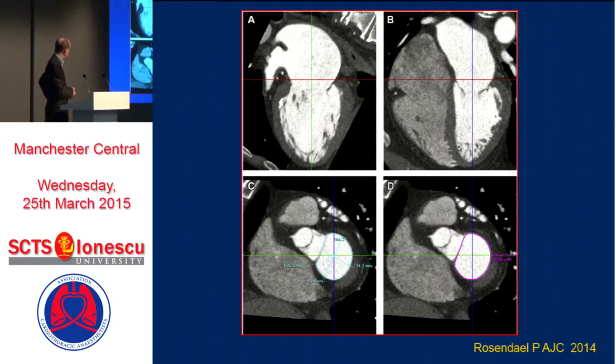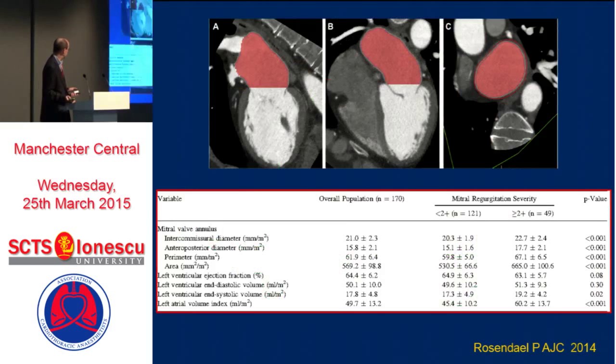And using CT as a tomographic technique, you can again measure the mitral annulus, you can measure the intercommissural and anteroposterior dimensions, perhaps not as accurately as you can in terms of the three-dimensional anatomy with 3D TOE, but the voxel size is substantially smaller with CT than it is with 3D echo, so in that extent it's a more accurate measurement. And they looked at the extent of MR in these patients.